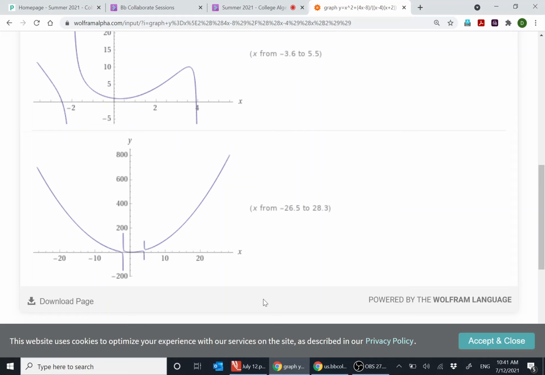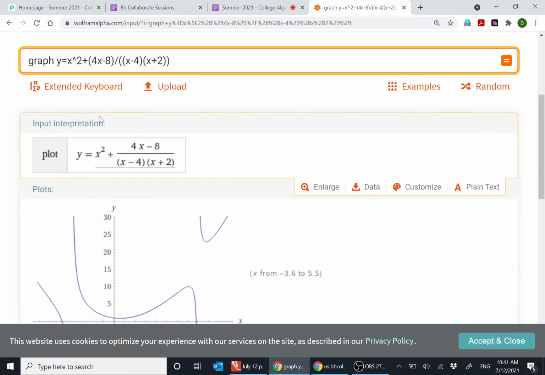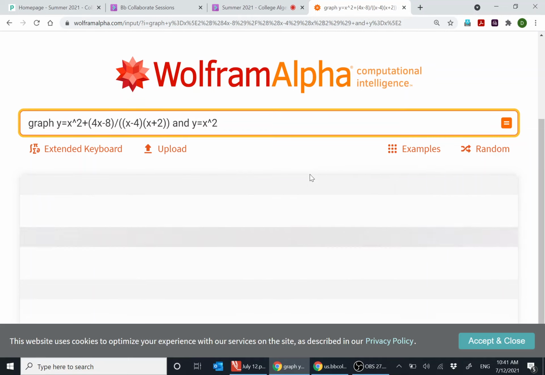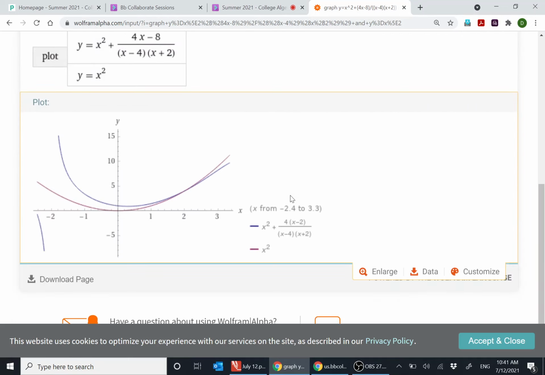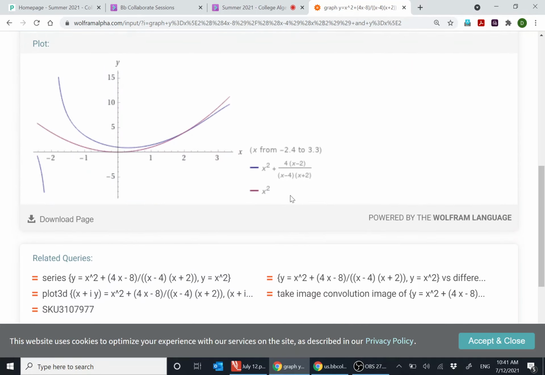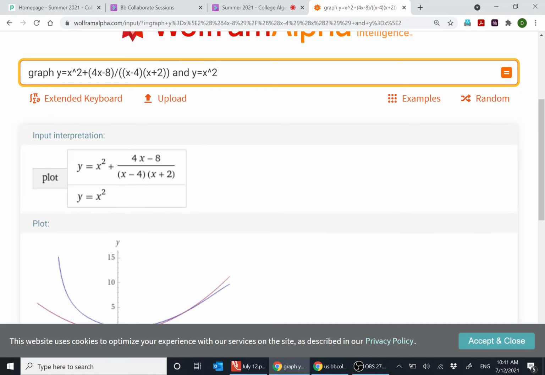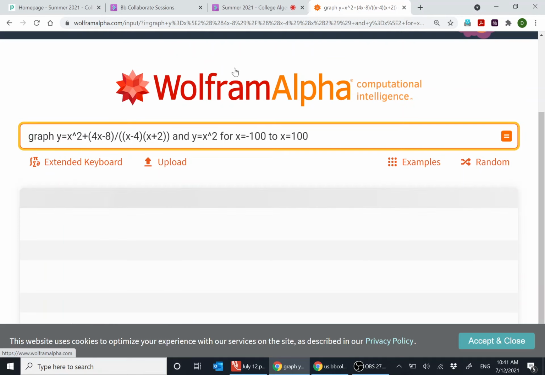Now you could graph y equals x squared along with this. Let's see if it'll do it. No, I even did it in a different color, but it's not showing. Let's try x equals minus 100 to x equals 100.